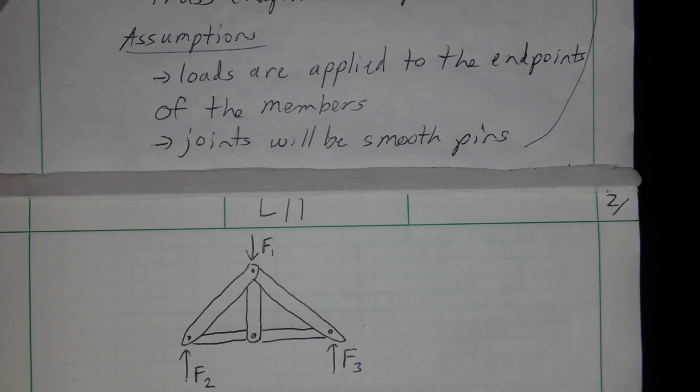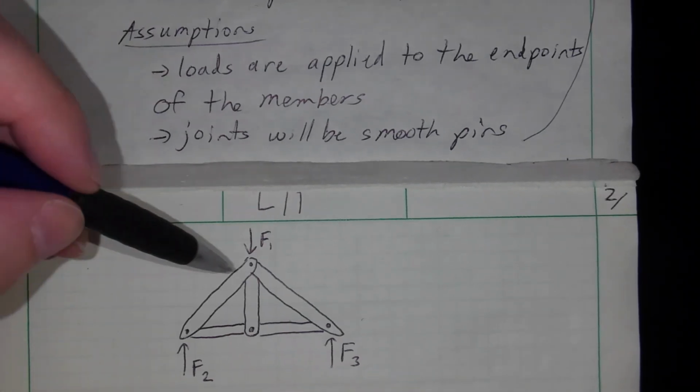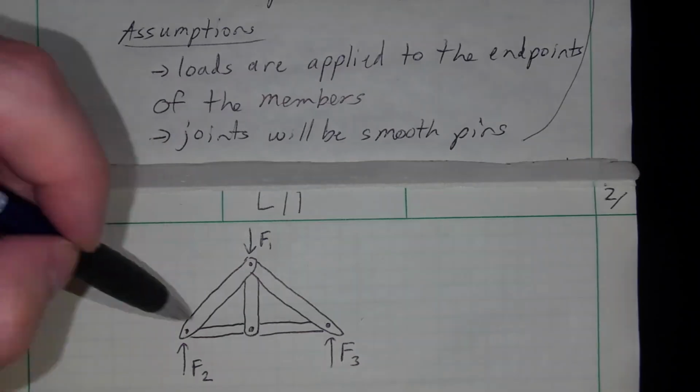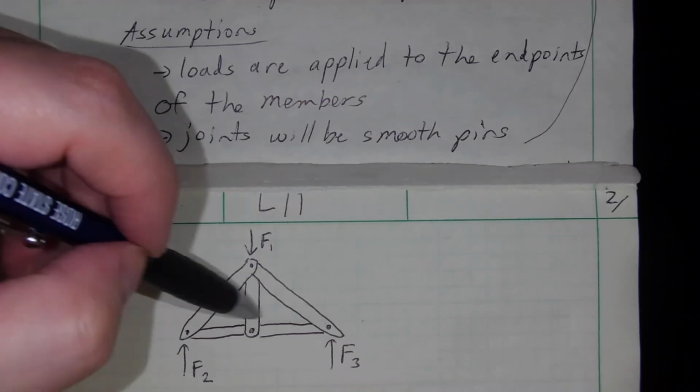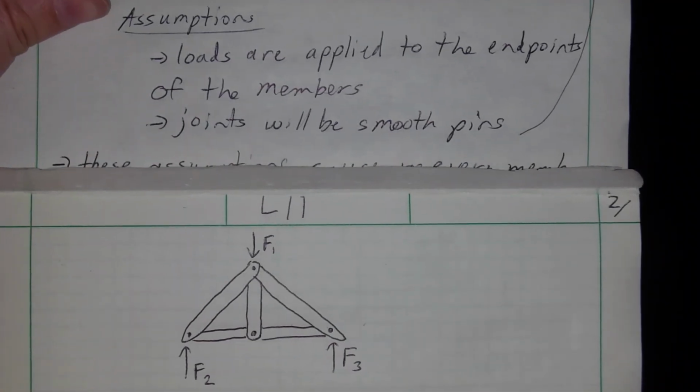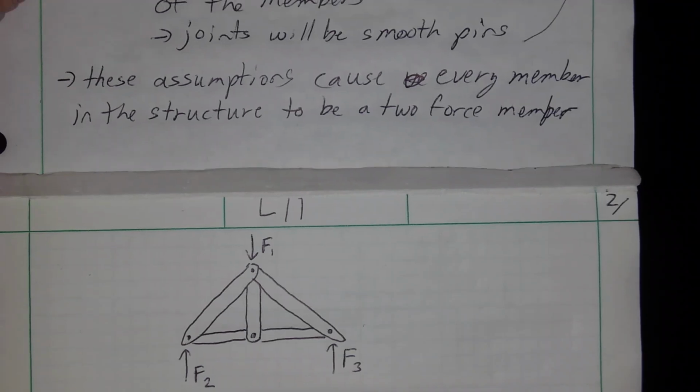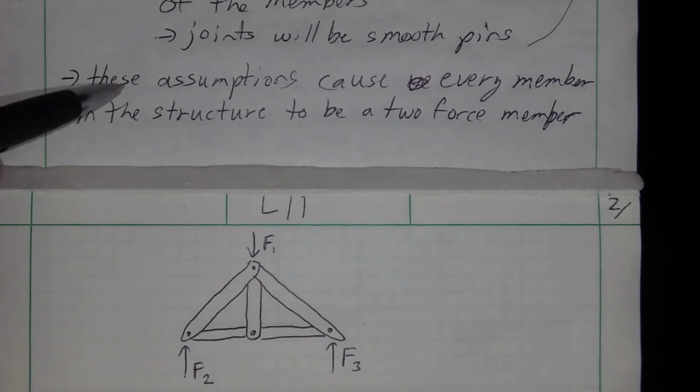So these are the two assumptions we're making. If I'm going to treat something like a truss, I've applied forces only at the endpoints of members, and I'm going to treat each of these pins as if they're smooth pins.